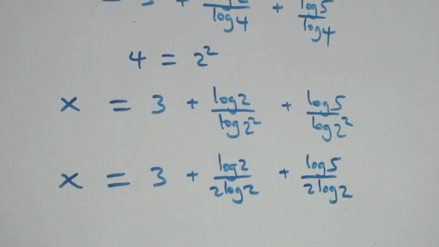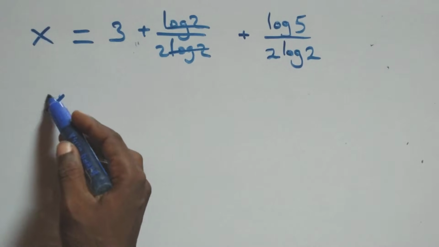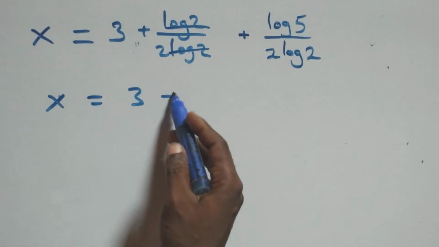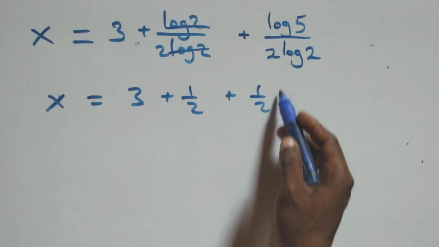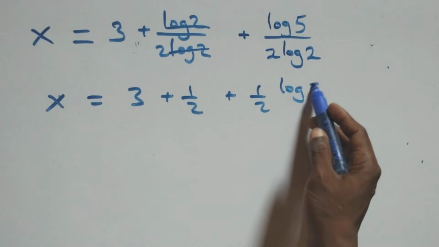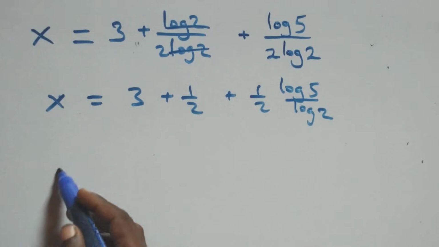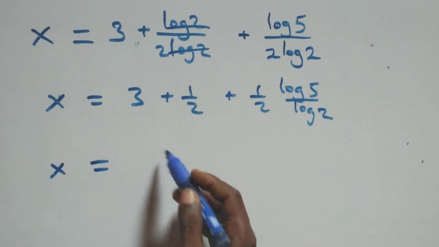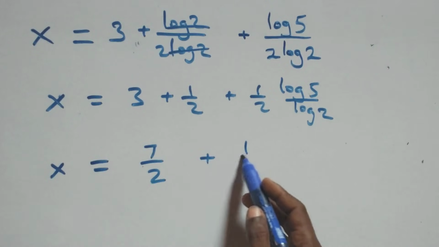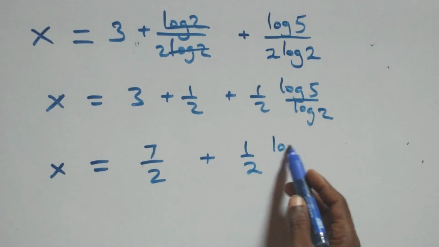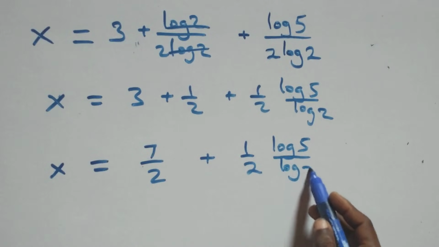That is, here we have log 2 cancelled each other, and this becomes x equals 3 plus 1 over 2 plus, also here we have 1 over 2 times log 5 over log 2. Thus we have x equals 3 plus 1 over 2, can write that as 7 over 2 plus 1 over 2 times log 5 over log 2.